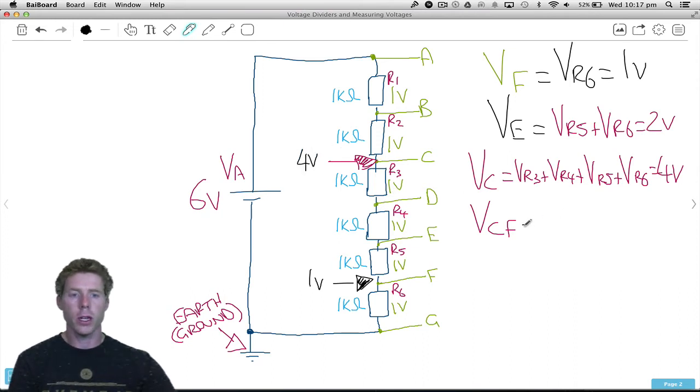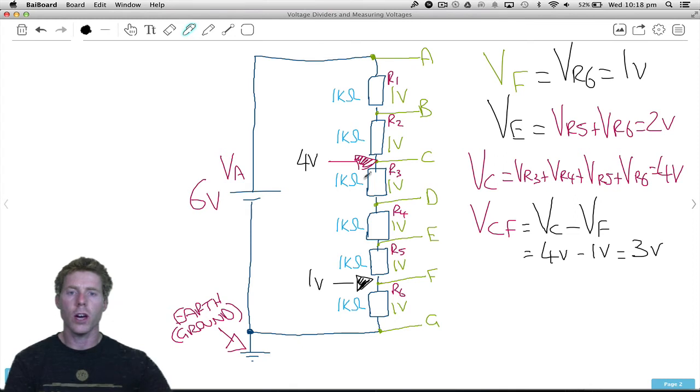So really what we're saying here is what is the voltage at C, take away the voltage at F. The voltage at C is 4 volts. Take away the voltage at F, which is 1 volt. So there's 3 volts. So if you have a look in between these two, there's 1 resistor, 2 resistors, 3. Each of them have a volt, and that's how we're getting our 3 volts.